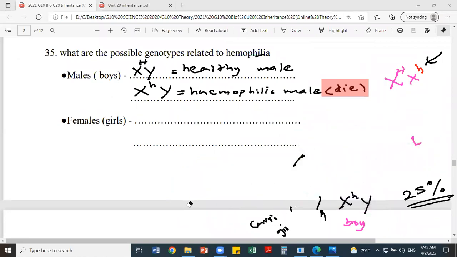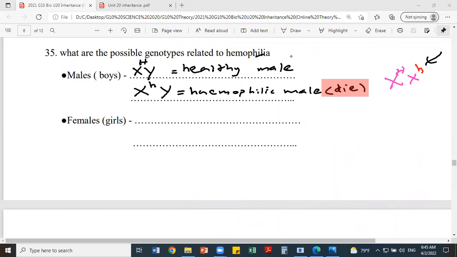Right, we'll write now the possible genotypes in females. This part is very important in the exam. They can ask questions, right? Very important: genetic disorders due to gene linkage. So I'll write here, females: X capital H, X capital H. If you have any question, you can raise your hand. That is a healthy or normal female, or healthy girl. Then X capital H and X simple h: carrier female.